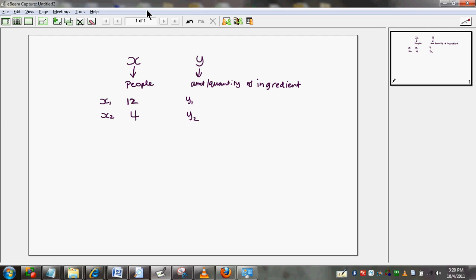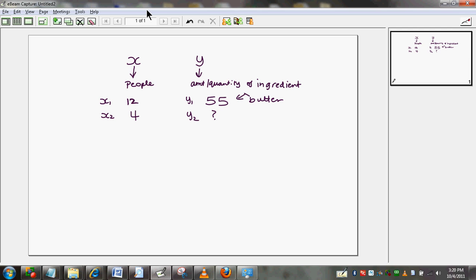If we look at 55 grams of butter, Y1 will be 55, because that's the first amount of butter they spoke about, referring back to the 12 people. So what would happen for the 4 people in terms of butter? This would be the unknown quantity.